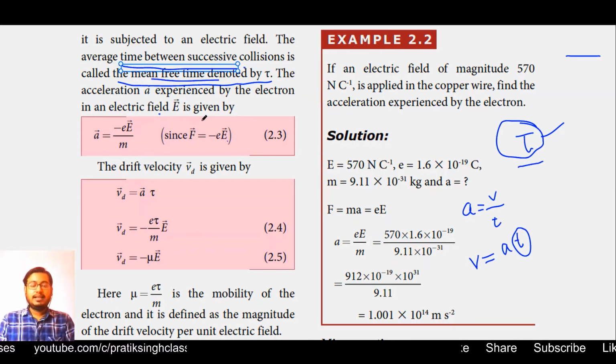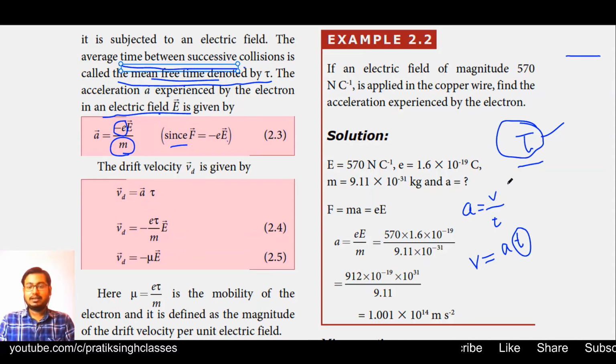Here, the acceleration a experienced by the electron in an electric field E is given by a = -eE/m. Here, -e is the magnitude of the charge, E is the electric field, and m is the mass. Since we know very well that electric force is equal to -eE, we will have drift velocity given by vd = a·tau, or vector vd = vector a·tau.